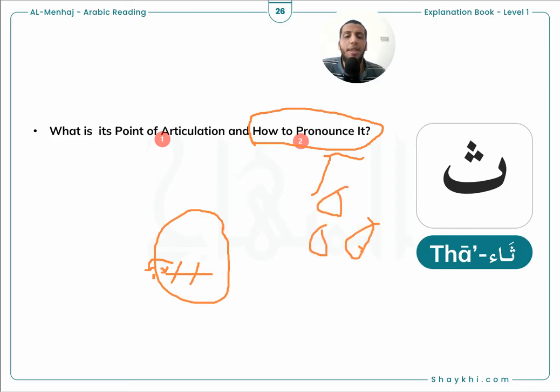We have a very common saying when we pronounce letter th. Some people say that you have to stick the tip of your tongue out. We pronounce letter th, dhal and va by sticking the tongue out like this, th.